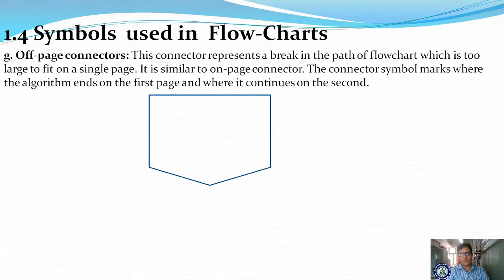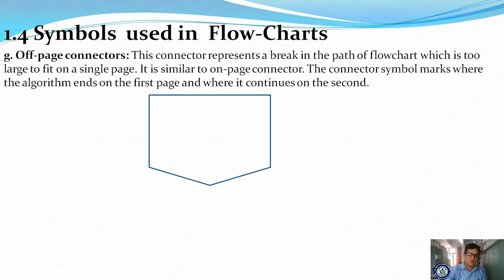So PTO indicates that your content is on the next pages. In the same sense, when you are developing a complex problem, if at the end of a page it is not fitted, then you can use either an on page connector or an off page connector. So these are the symbols we are using.